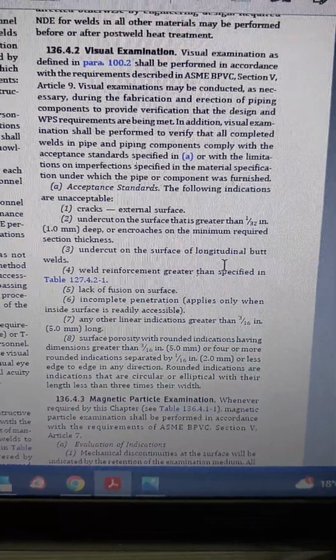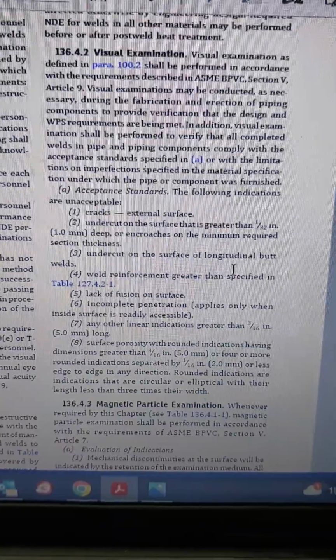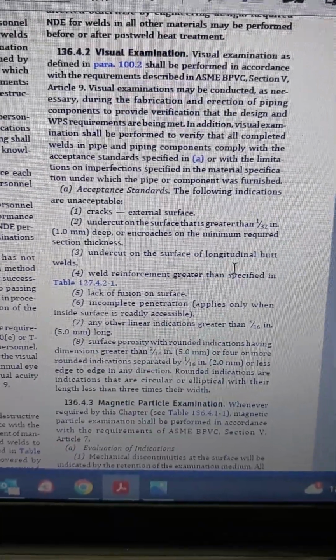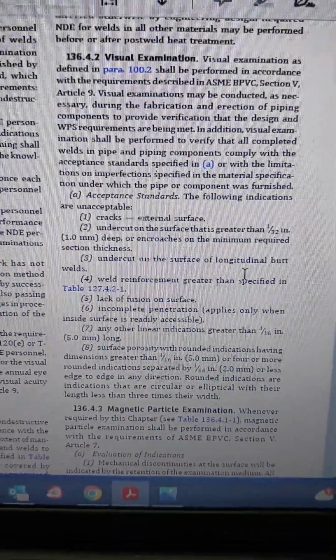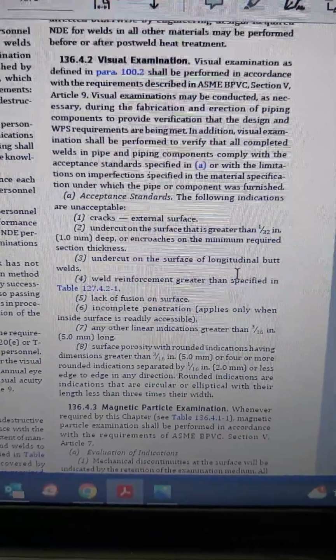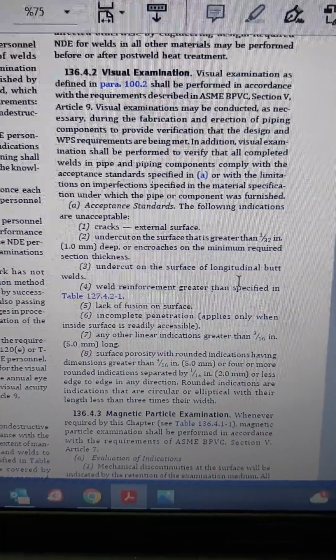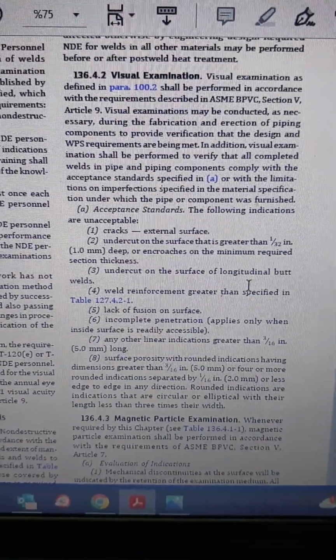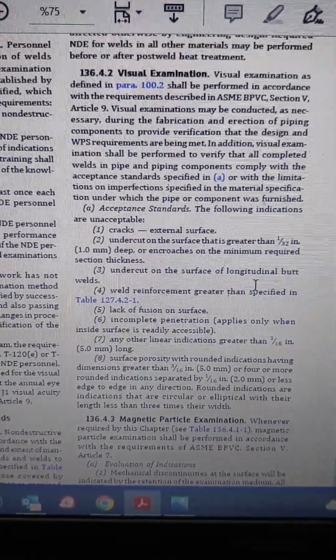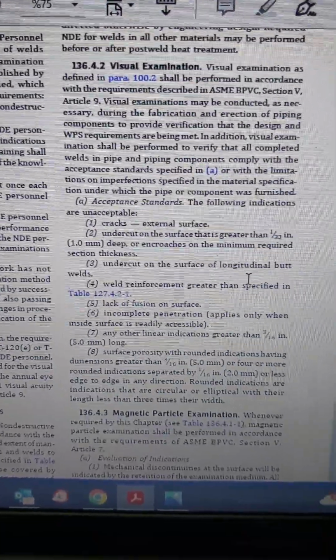Good day, friends. Today we are going to understand visual examinations and NDT examinations, the minimum NDT examinations for the ASME B31.1 power piping.